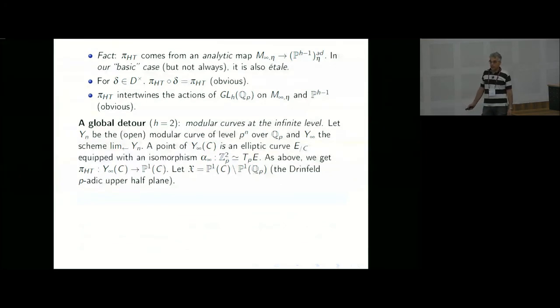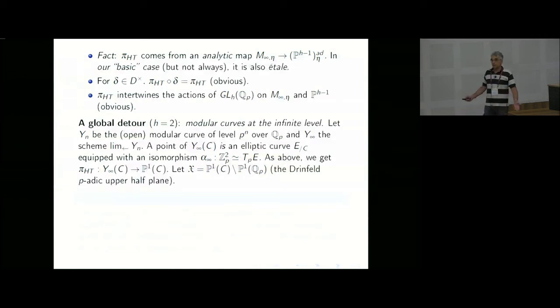And Y_infinity will be the scheme which is the inverse limit of this. That's a perfectly good scheme. Projective limits exist in schemes. It's not of finite type, but it's a perfectly good scheme. A point of that scheme in C is by definition an elliptic curve, maybe with tame level, but also equipped with a full trivialization of its p-adic Tate module.